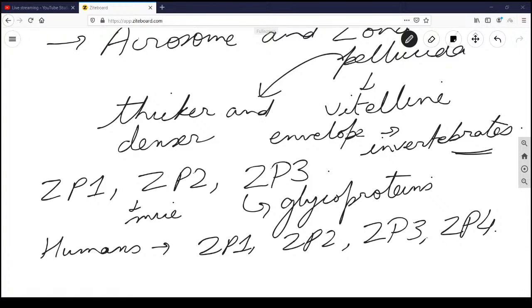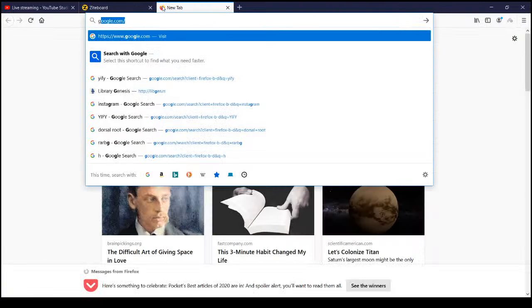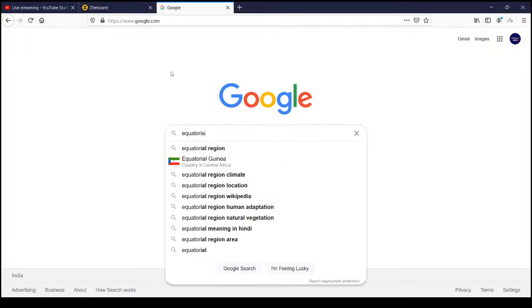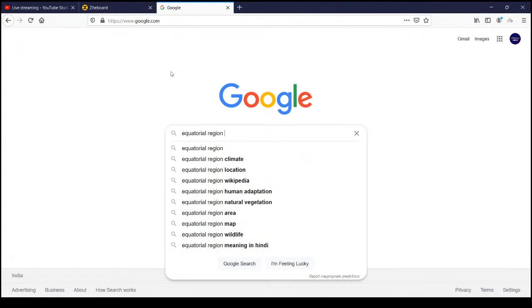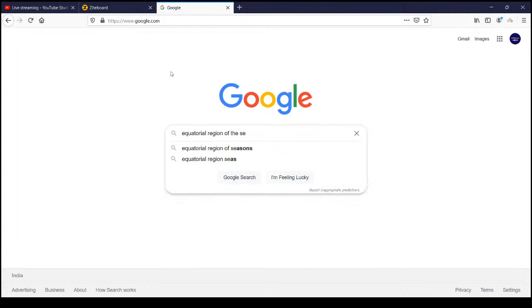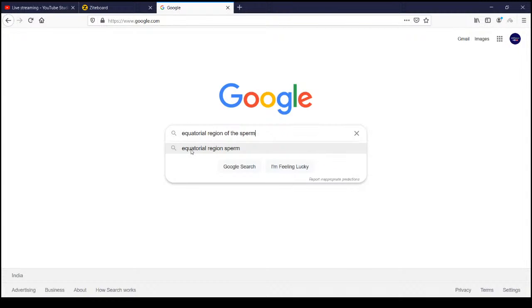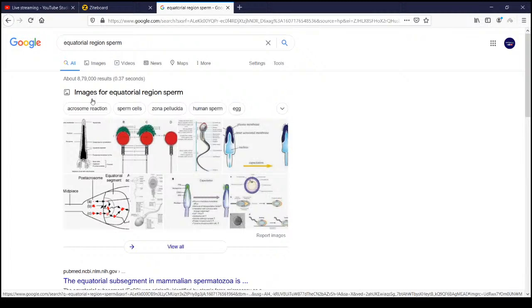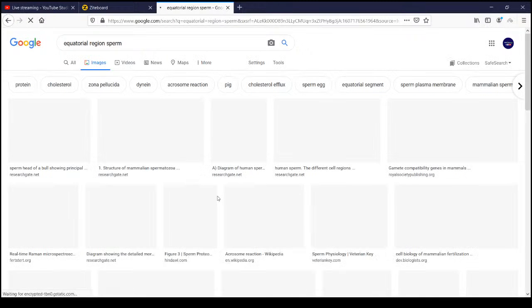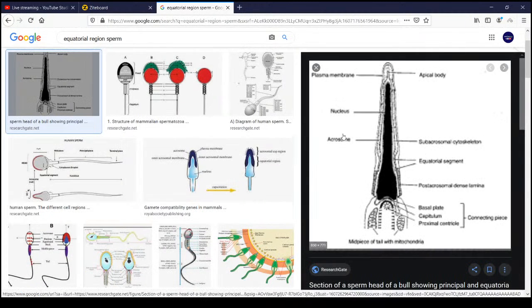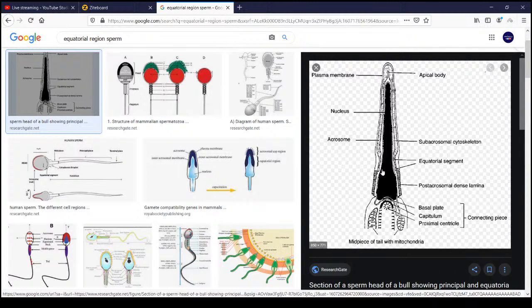I'll show the equatorial region to you. You can see here, this is the equatorial segment.